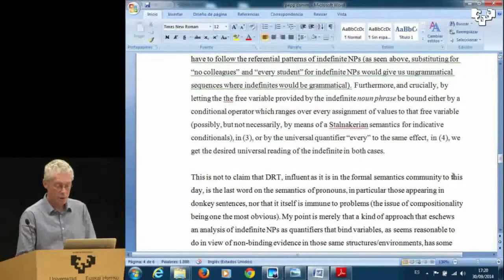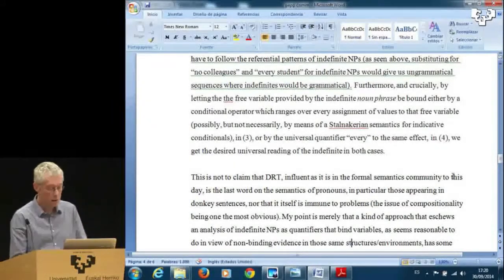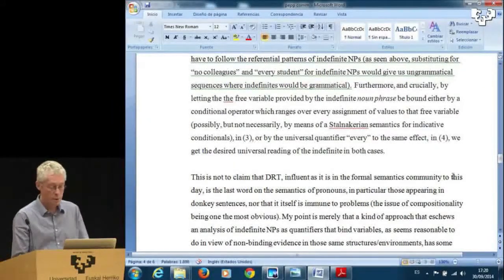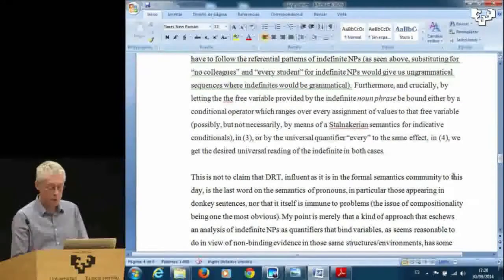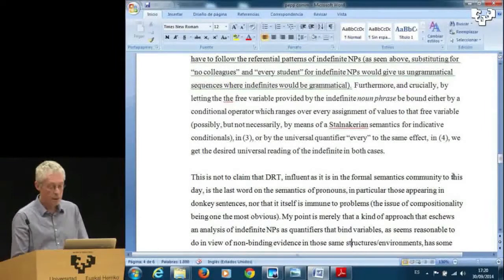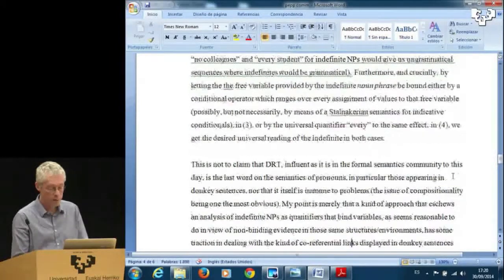This is not to claim that DRT, influential as it is in the formal semantics community to this day, is the last word on the semantics of pronouns, in particular those appearing in donkey sentences, nor that it is itself immune to problems, the issue of compositionality being one of the most obvious.